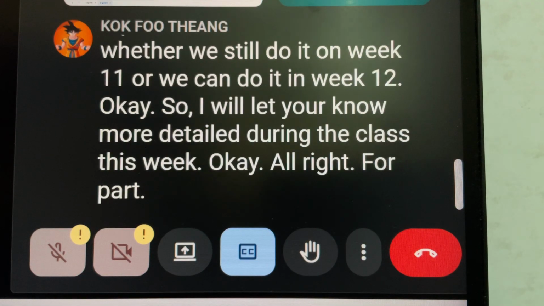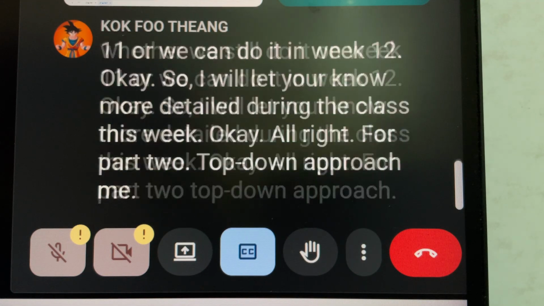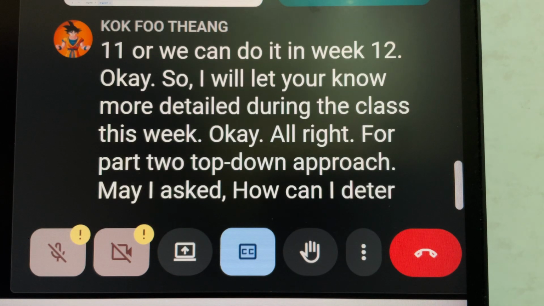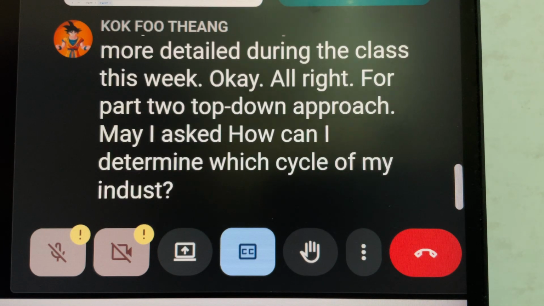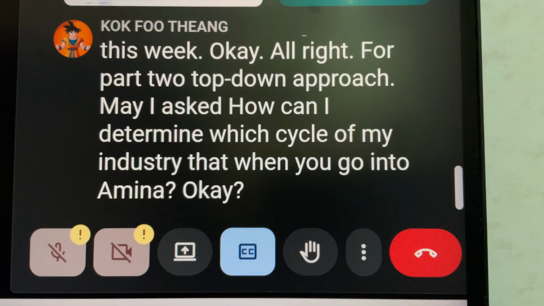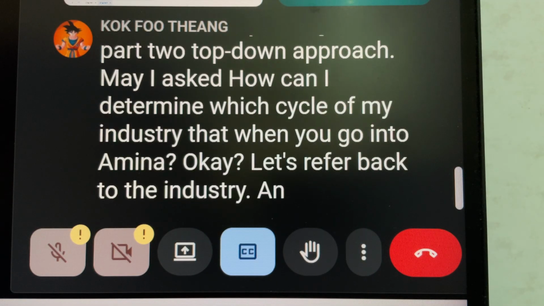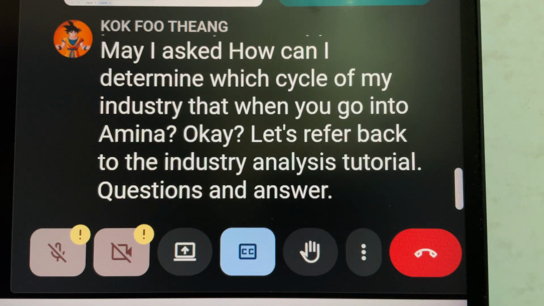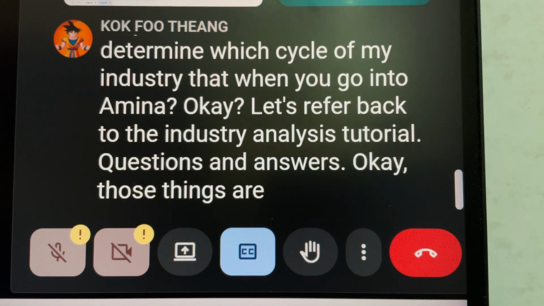For part 2, top-down approach, how can I determine which cycle my industry is in? That one you go and determine. Let's refer back to the industry analysis tutorial questions and answers, those things are in there.